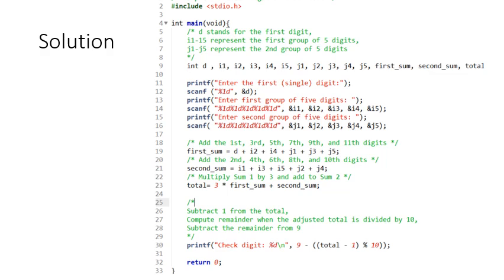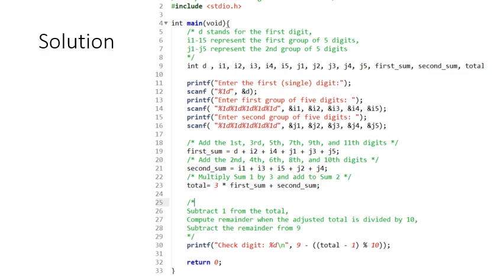We will first, of course, not forget the preprocessor directive stdio.h. Otherwise, we won't be able to display or write any string to our computer. Then we declare our variables. We first declare d as our first digit, and then we have i1 to i5 to represent the first group of 5 digits, and j1 to j5 to represent the second group of digits.